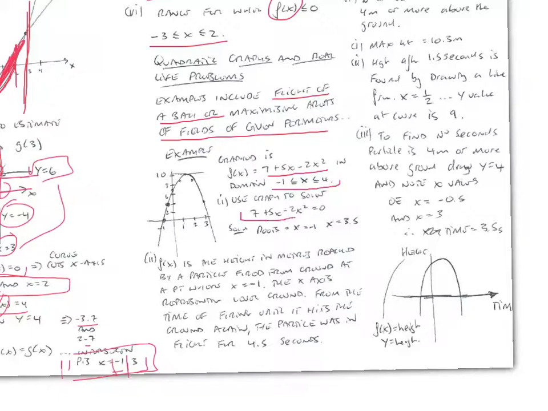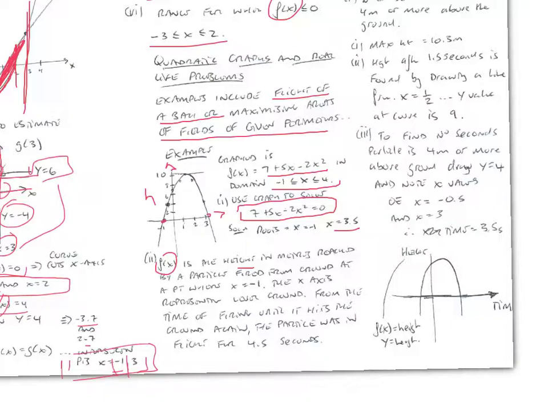Use the graph to solve the function equals 0. So basically it's where it cuts the axis, the roots: x is minus 1 and x is 3.5. Second part now. f of x, which is y, is the height, in meters, reached by a particle fired from the ground at a point where x equals minus 1.